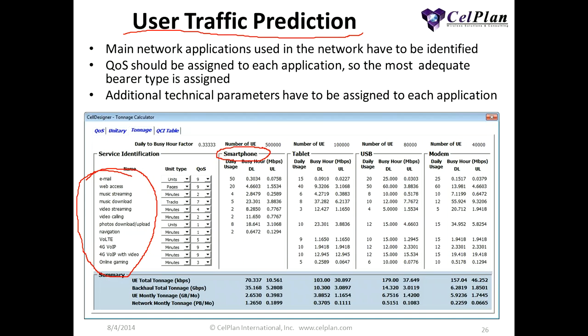At the same time, you will have a certain number of users that will use smartphones, tablets, USB modems, or desktop modems, or MiFis and so on, with a certain quantity of those terminals, those UEs. So this allows us to dimension, based on daily usage, what will be the traffic expectation of each type of user.